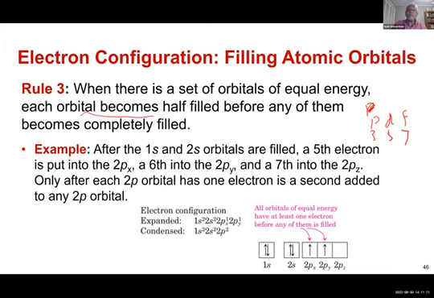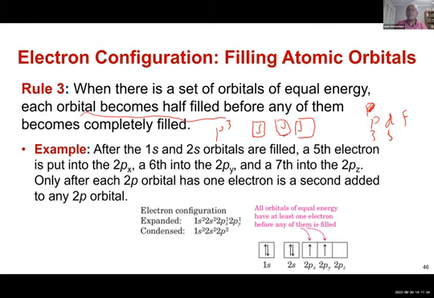Orbitals become half filled before any of them become completely filled. For example, if you have p3, there are 3 atomic orbitals in p. You fill them up separately, with parallel spins.